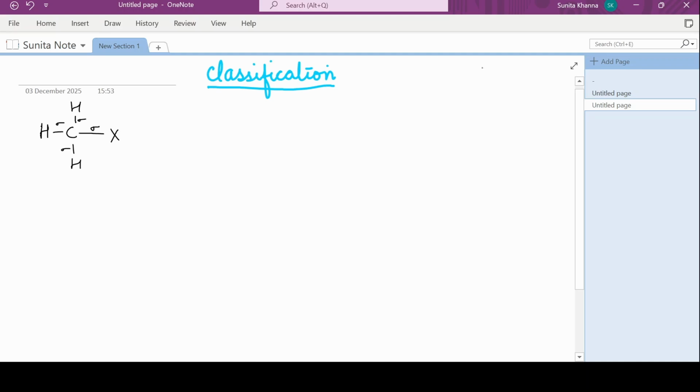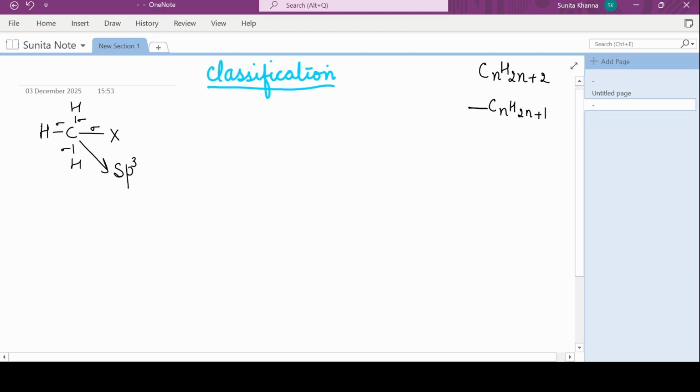The general formula of alkane is CnH2n+2. If we remove one hydrogen it becomes CnH2n+1, and one valency of carbon is free. There comes and attaches the halogen. So here the halogen is attached to an sp3 hybridized carbon atom.